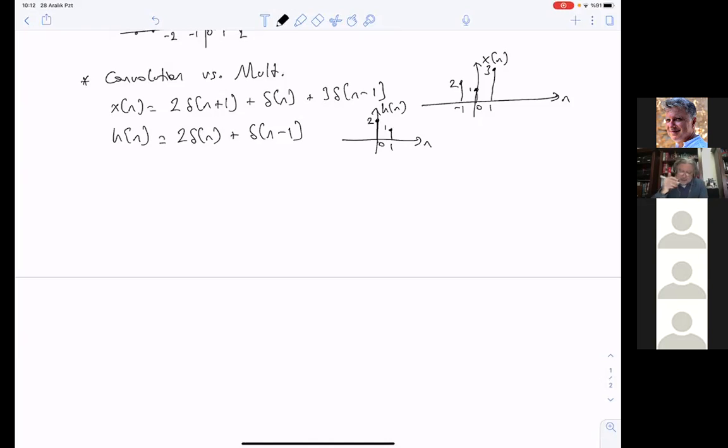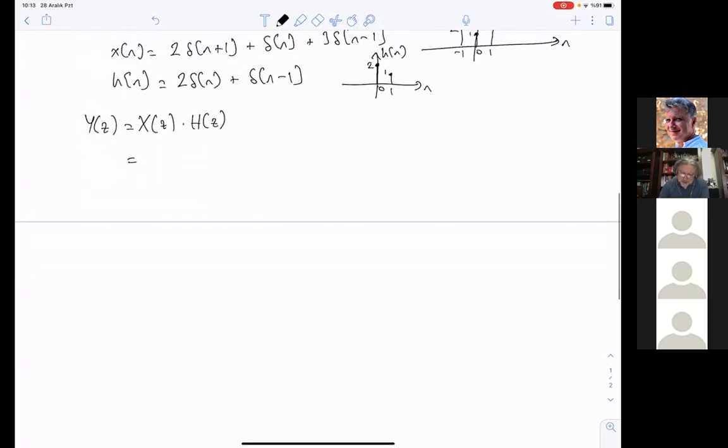Now, I'm telling you that y of z is equal to x of z times h of z. It's the property that we will definitely discover. That's what happens in all of the transforms that we are seeing.